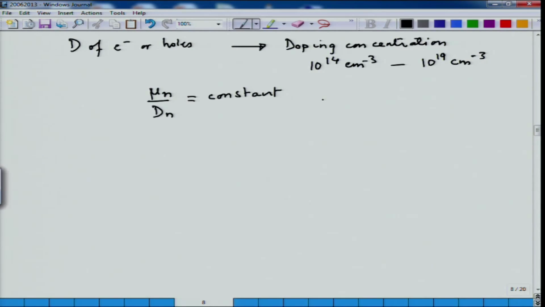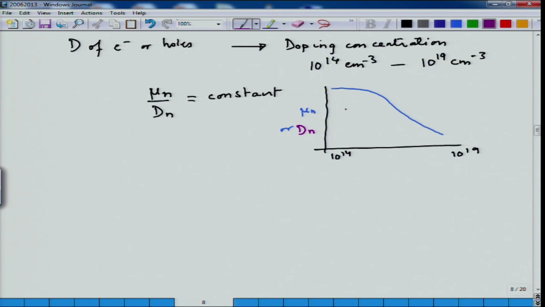So, let me remind you what we saw in case of mobility in a schematic form. As we went from low to high concentration, the mobility drops like this. You can also plot for mu p, which basically means that D n will also follow a similar behavior. Since this is a constant, it will also drop as we go to higher concentration.